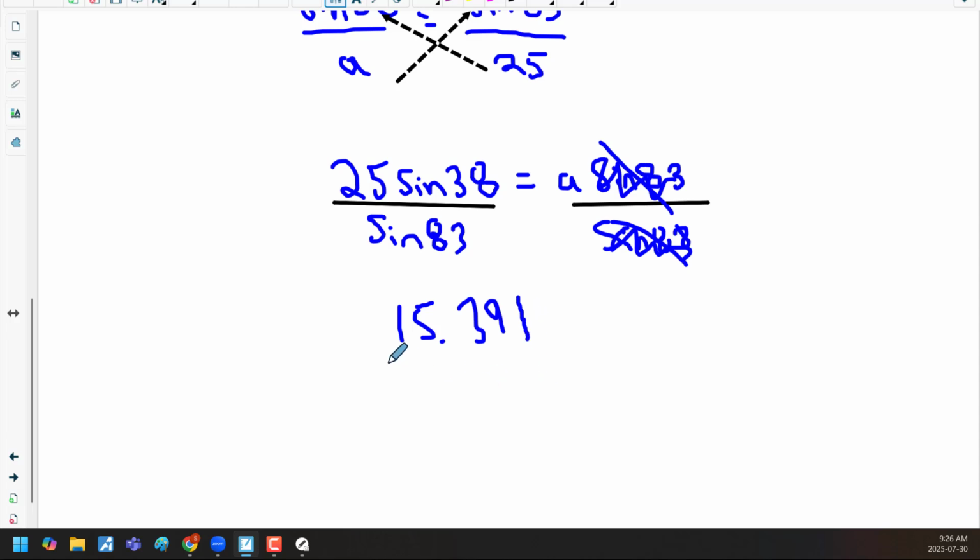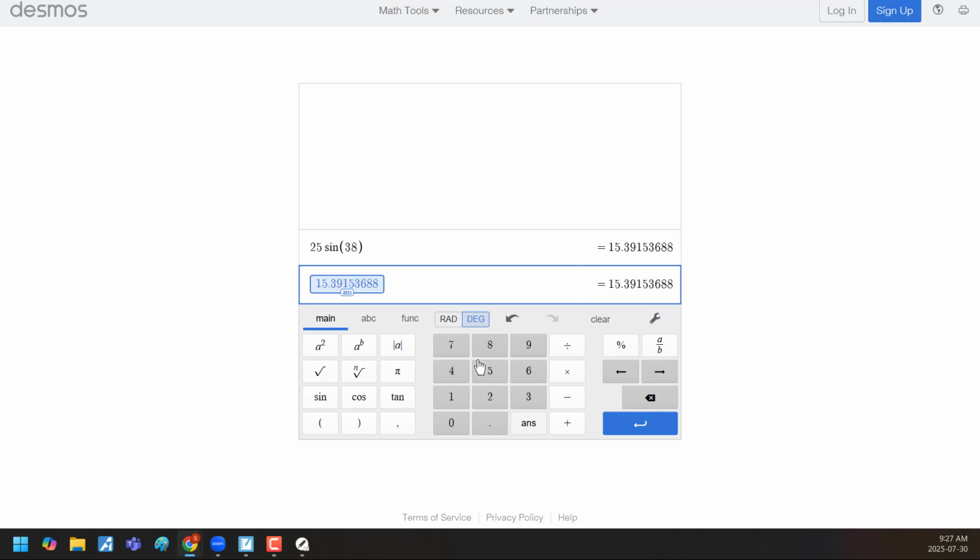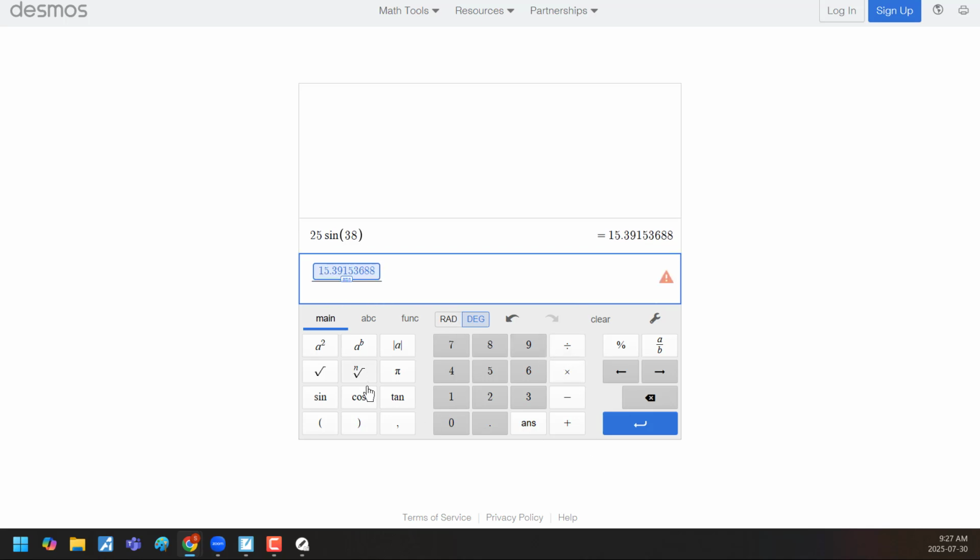Now we're going to divide it by sine 83. You can write that in your calculator if you just want to do sine 83. So I'm going to take the answer that I had previously. Your calculator should have an answer button too. So press the answer button. If not, then you have to type in the value 15.391 divided by sine 83.